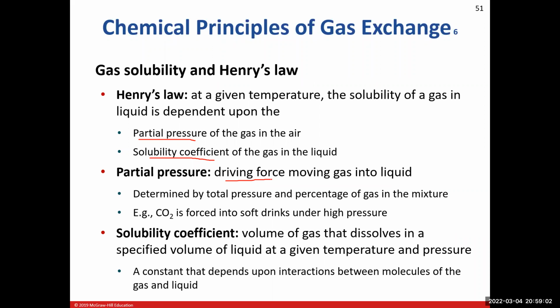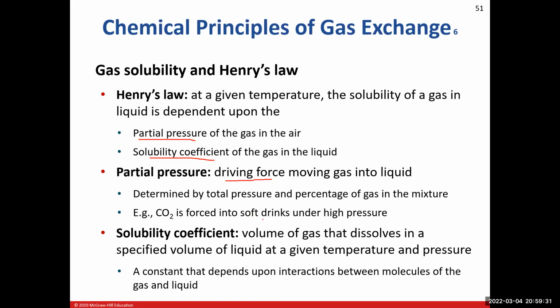So when you open that Coke can and you get that fizzing, that's the gas coming out of the solution. It's reverting back to its gaseous form. And that's what we're talking about here with gas solubility. The partial pressure is that pressure that we have to exert on that gas to push it into the liquid, to get it to go into the solution.